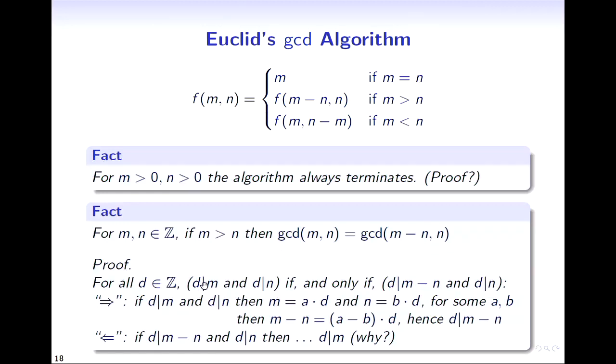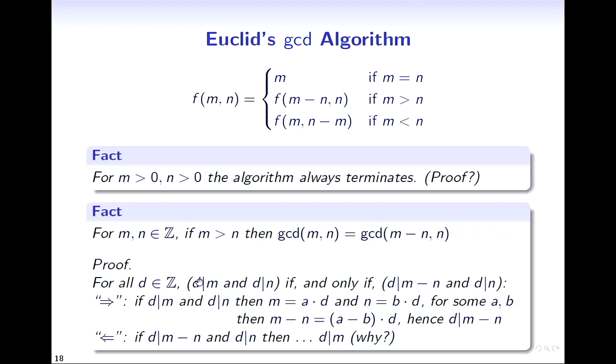Now we have this to prove. We have to say that every divisor of both m and n is also a divisor of m minus n, and vice versa. Now, a proof of this if and only if we can divide into two different steps. The first step is, so to speak, an implication in this direction.